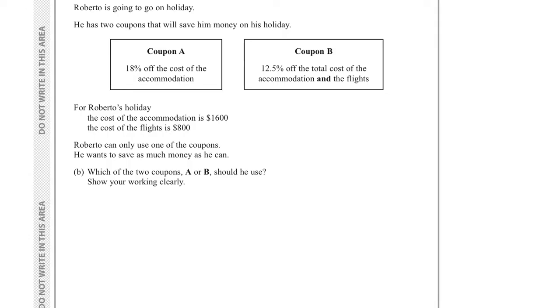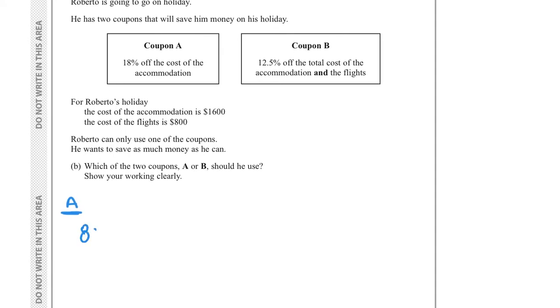Okay, so let's figure it out, right? Coupon A is 18% off the cost of accommodation. We know we've got 800 because the flights don't change, plus 1,600. How am I going to find 18% off? It's 0.82.